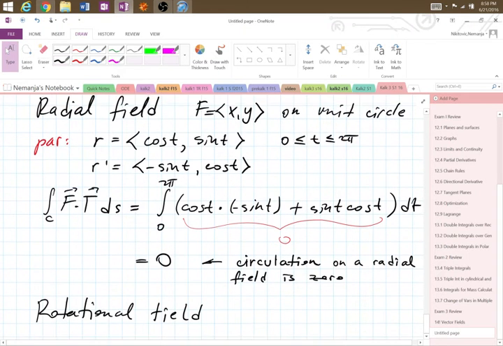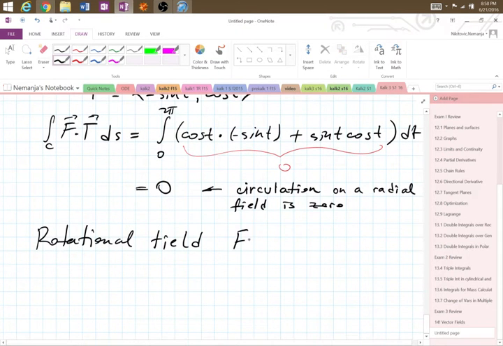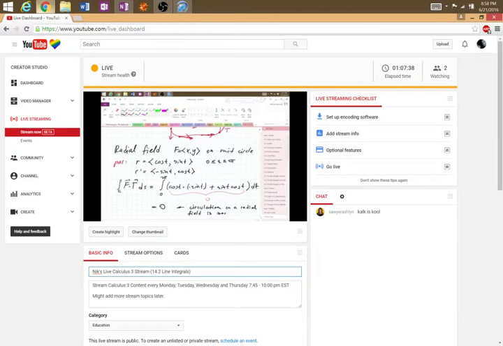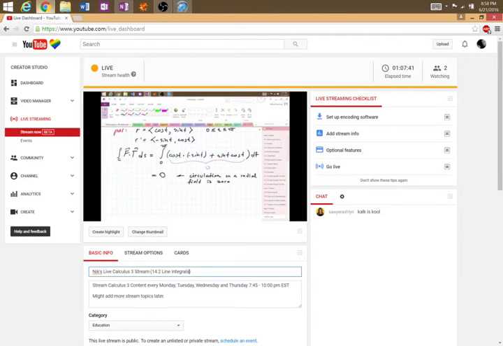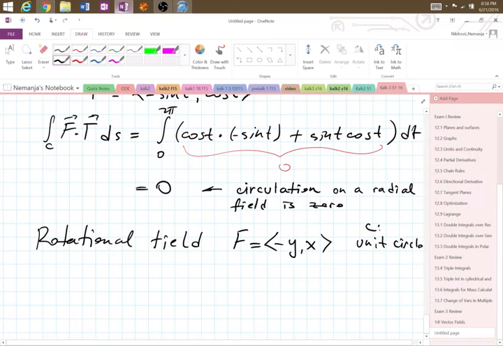Let's take a look at the rotational field. Now rotational field F is given as negative y, x. Again, unit circle for our C. Just wanted to check the stream, see it's still going.